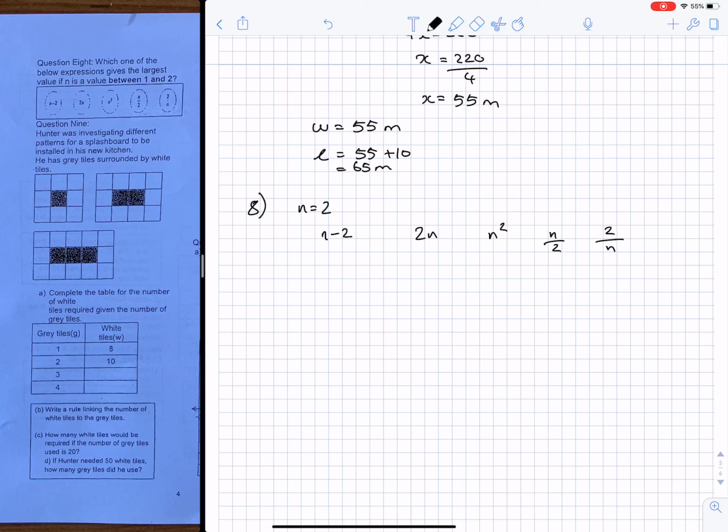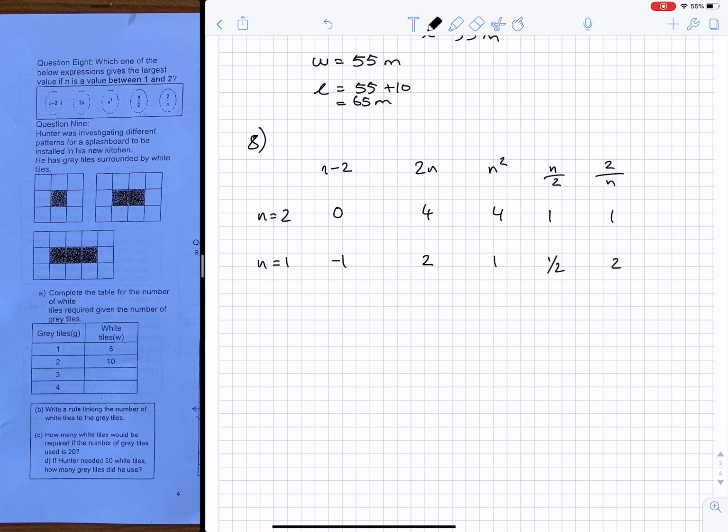Let's draw a table here. Assuming n equals 2, here it would be 0, here it would be 4, 4, 1, and 1. Assuming n equals 1, here it would be negative 1, here it would be 2, here it would be 1, half, and 2.